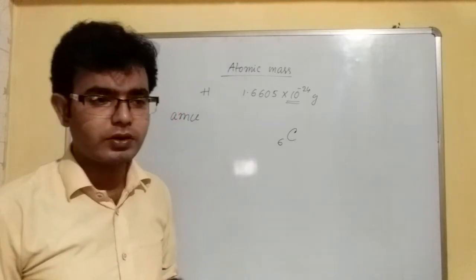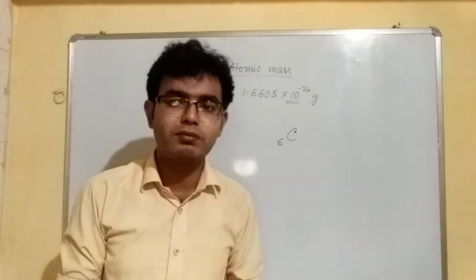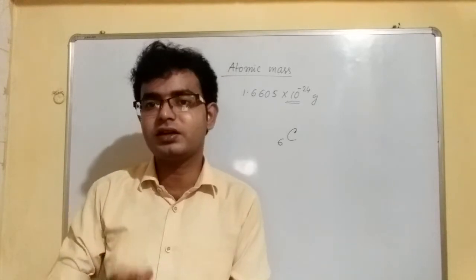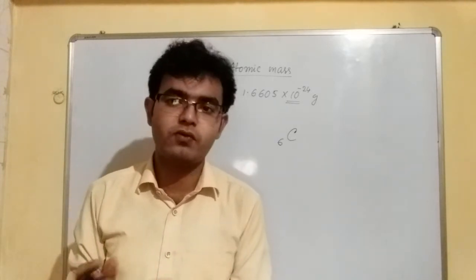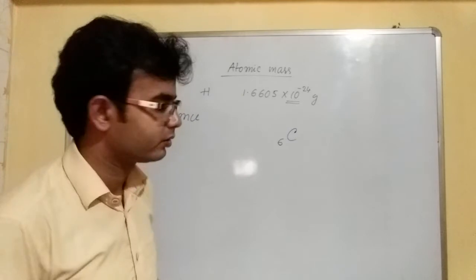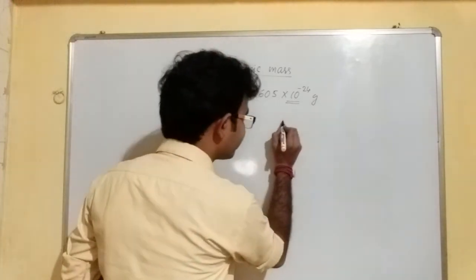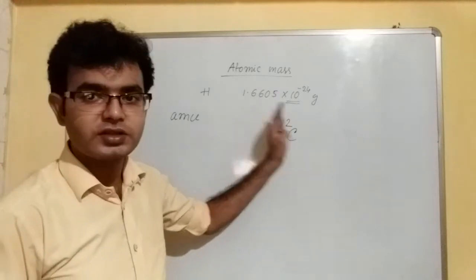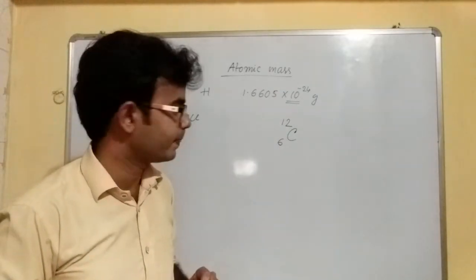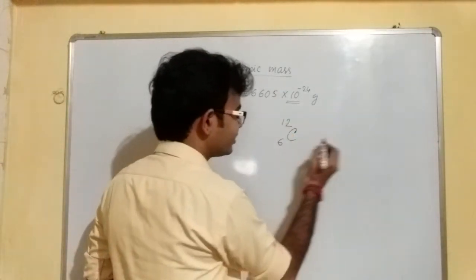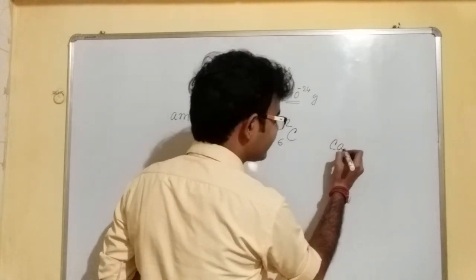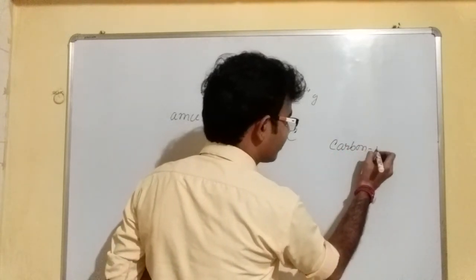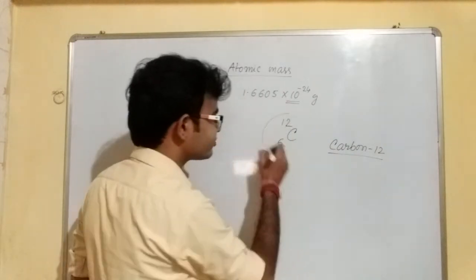Okay, mass number. We'll discuss mass number and atomic number in detail at the last topic of the 4th chapter. So just try to remember the mass number is written at the top of the left side of the symbol of this element. Here C12 is sometimes represented as carbon 12. So remember, carbon 12 means we are talking about 6C12.